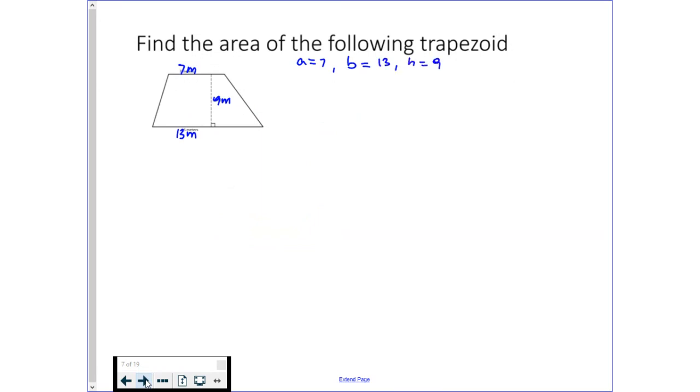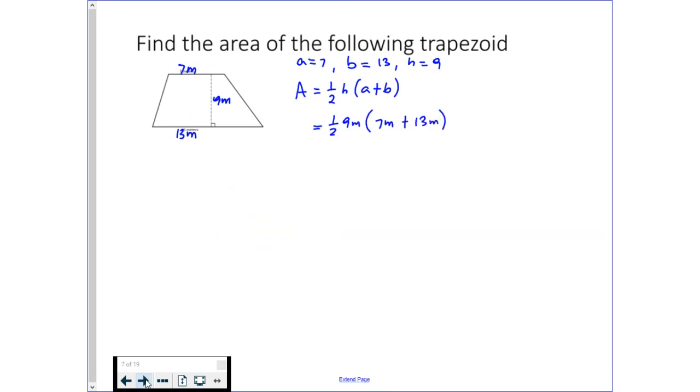And we said the area is half of H times A plus B. So just add the top and the bottom. This equals half of 9 meters times the top is 7 and the bottom is 13.